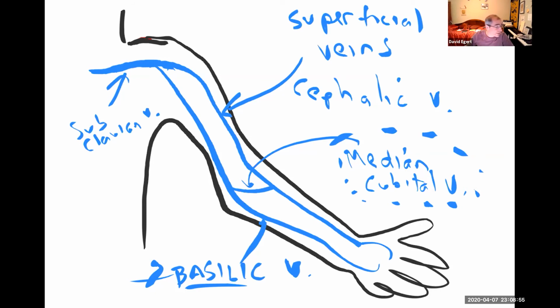Meanwhile, there are deeper veins as well. Maybe I'll draw them in black. So coming off of here, there are also deeper veins. Maybe I should have drawn the body in yellow.